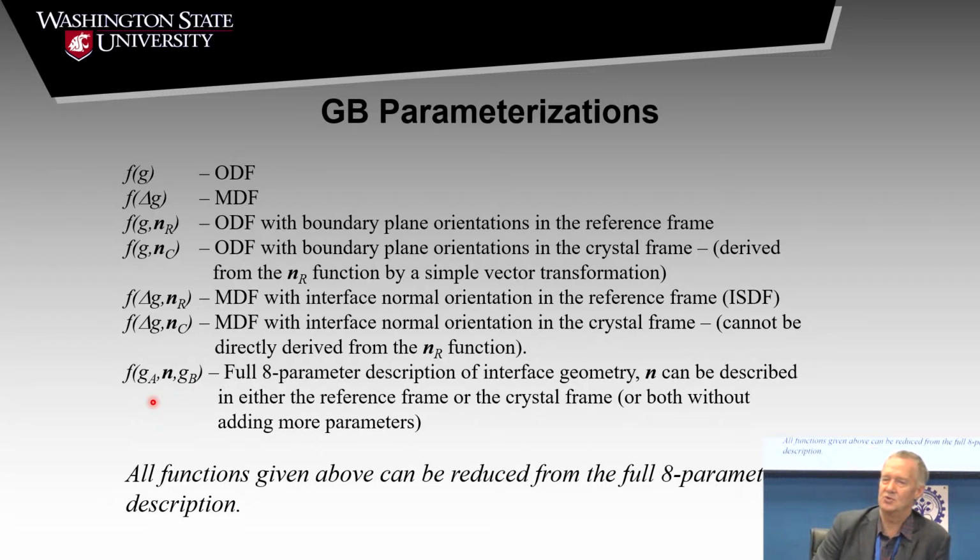So why would we use 8 parameters for a grain boundary? It's because if we're looking at any kind of deformation situation or any kind of external magnetic field or heat gradient, something like that, we need an external reference frame. If we're looking at where the slip planes are and how they intersect with the grain boundary, 5 parameters doesn't help us because we don't know how our orientations are aligned with our stress axes, right?